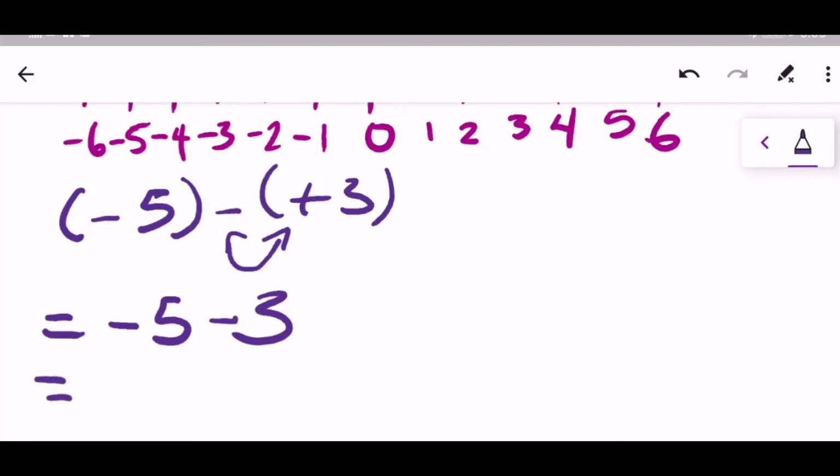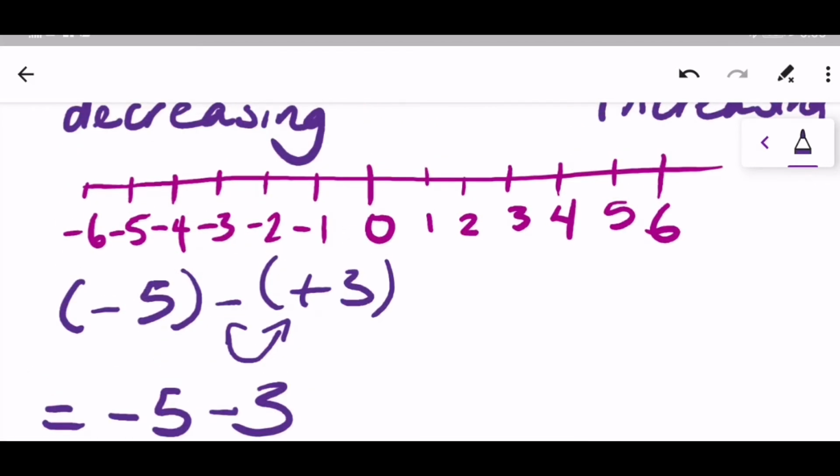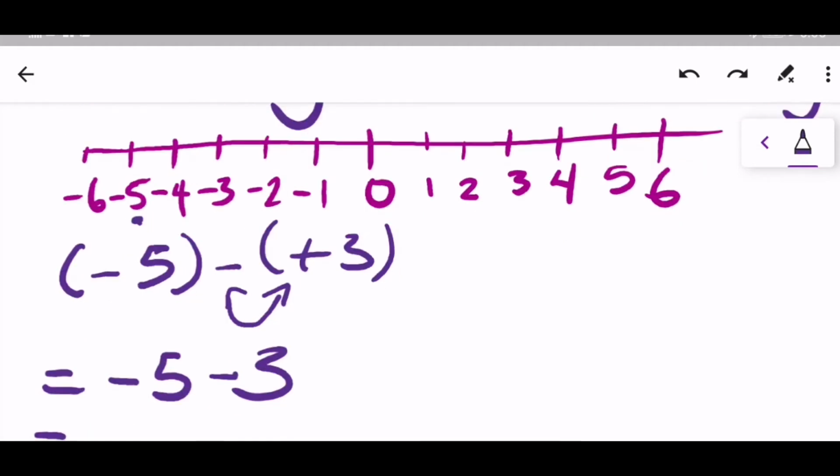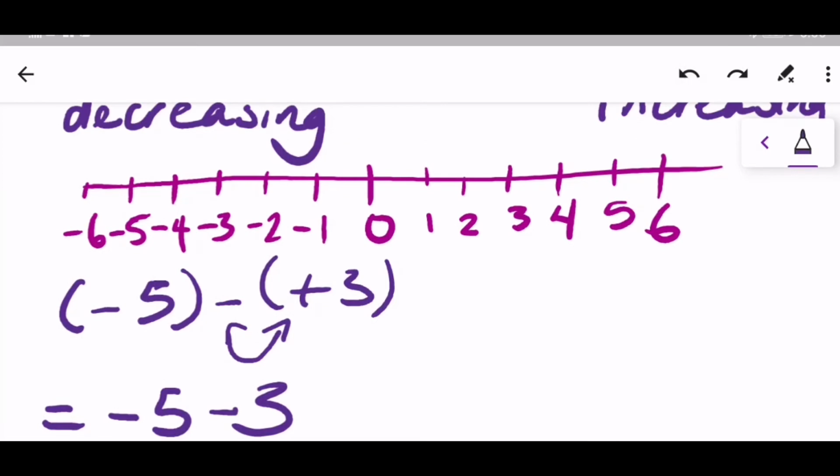We start with -5, and because we're subtracting 3, we go to the left 3 times. We don't have it fully on our number line, but let's find the answer. Once is -6, twice is -7, and the third time is -8. So our answer for this one is -8.